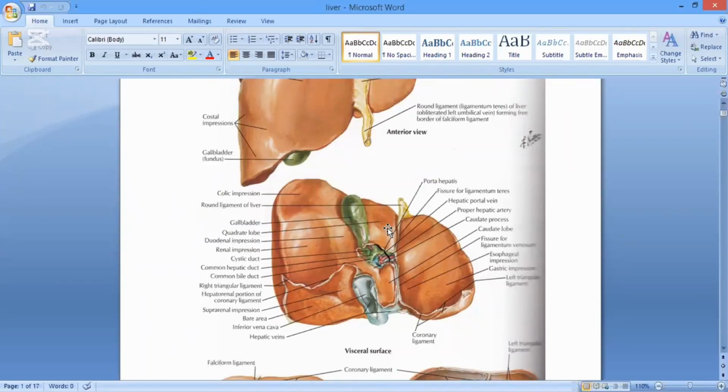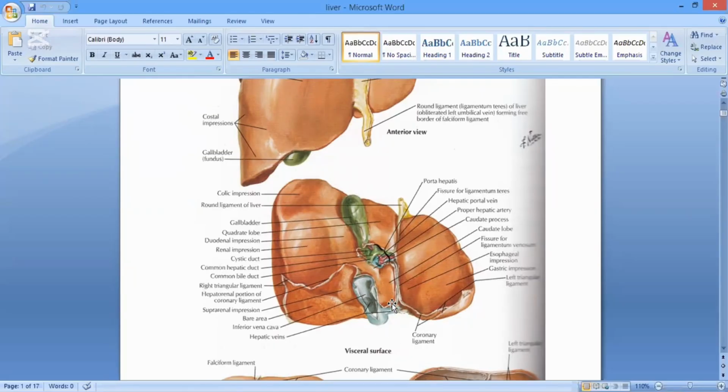These are called the quadrate lobe. You see this quadrangular-shaped part of the right lobe of the liver is called the quadrate lobe, and it lies between the fissure for the ligamentum teres and the gallbladder. And the other one is the caudate lobe, C-A-U-D-A-T-E, caudate lobe. That lobe lies between the fissure for the ligamentum venosum and the inferior vena cava.